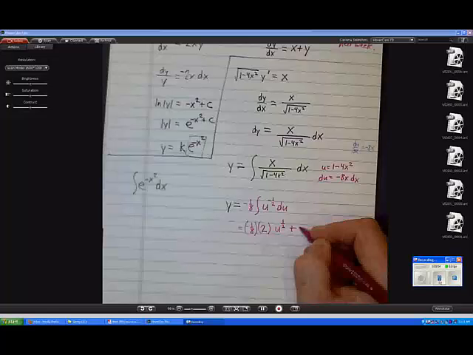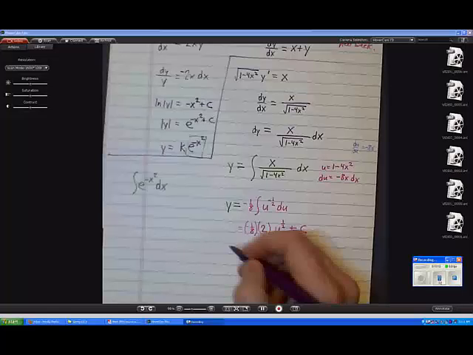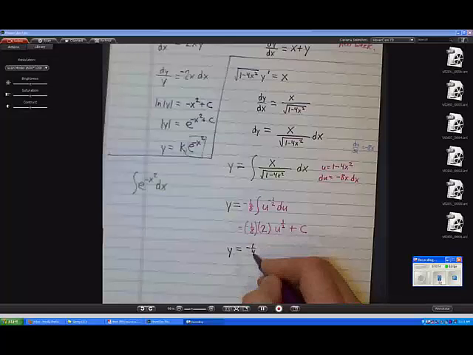Plus c. Don't forget the plus c. That's how we're going to get a family of solutions, right? And so as a final answer, y equals, this would become negative 1/4, and now I'll put the u back in.